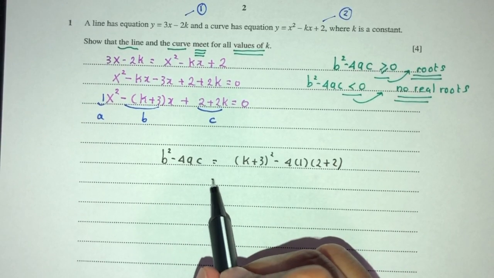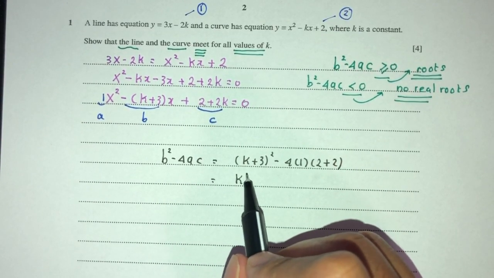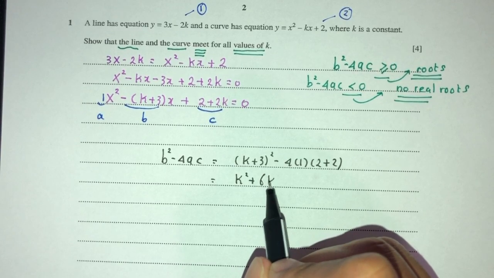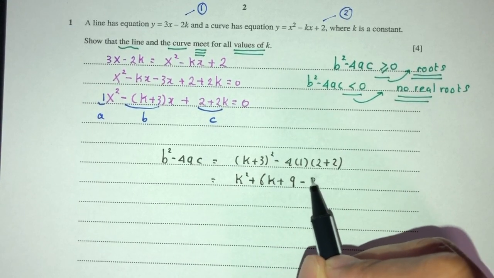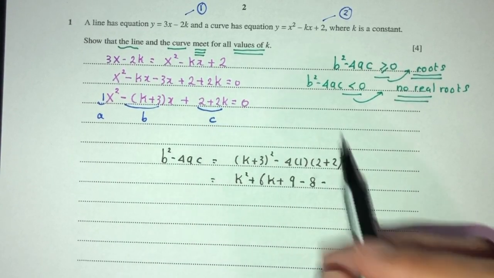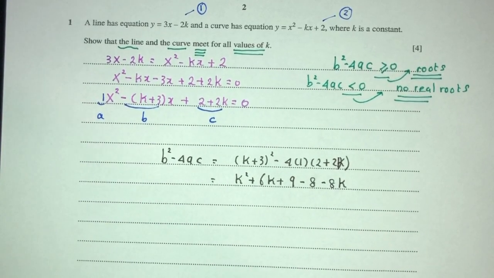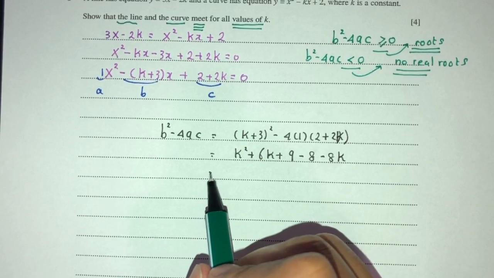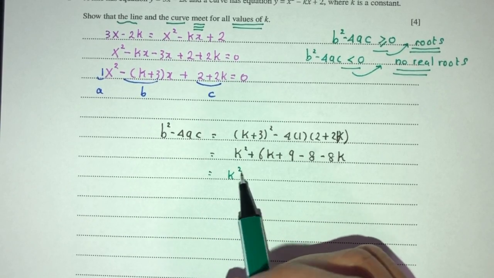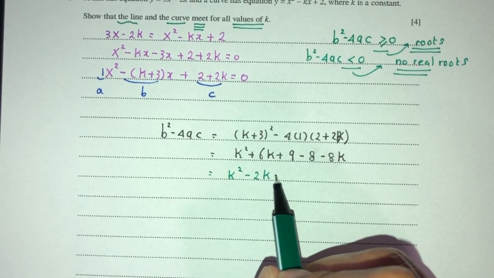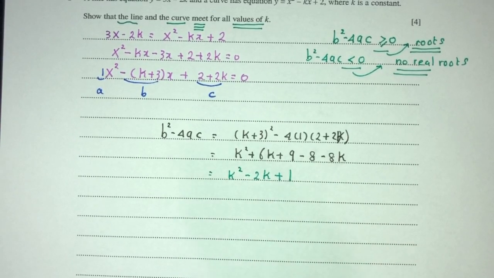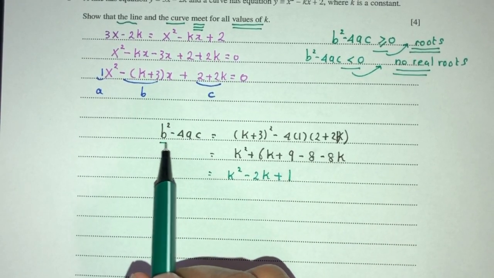So expand, let's see what we have. That should become k squared plus 6k plus 9 minus 8, of course here I have k missing, minus 8k. Now simplify, let's see what happens. That should be k squared minus 2k plus 1. Now, this is my value for b squared minus 4ac.